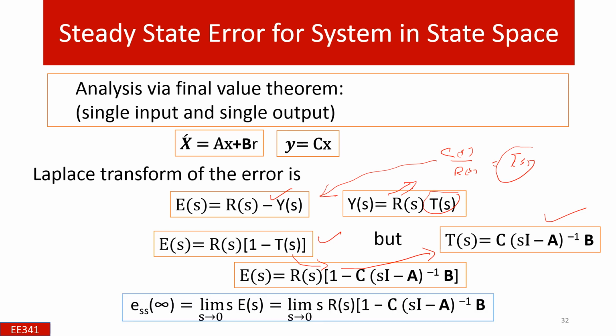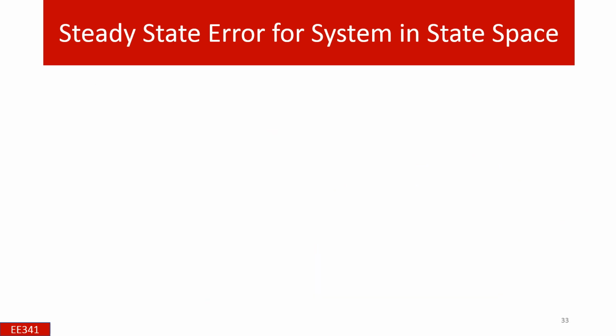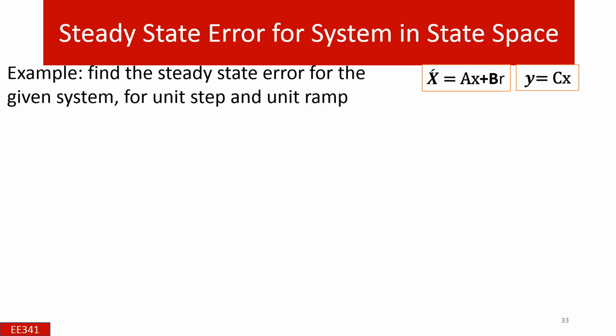So this is the steady state error relation if the system is represented in state space, especially when there is one input and one output related to the system. If the system is represented in state space, we are going to implement these results on an example.